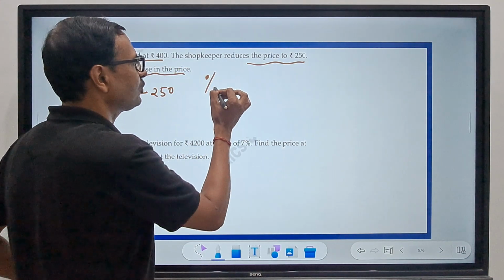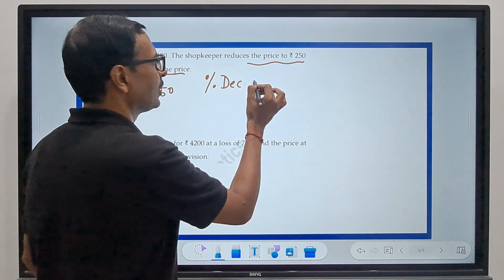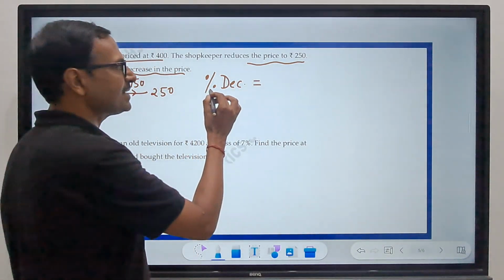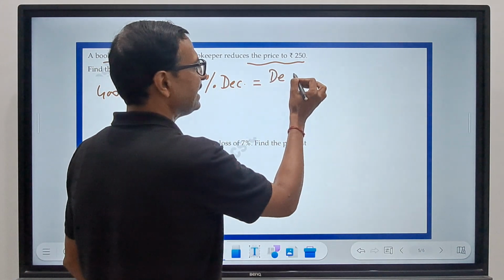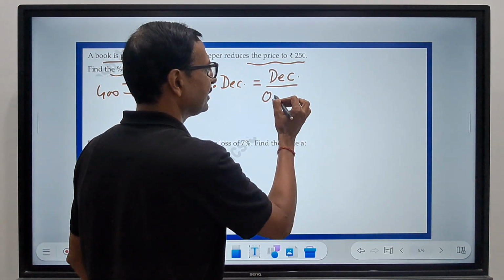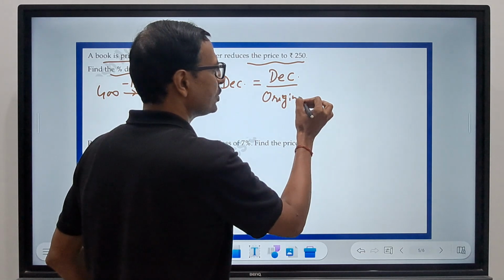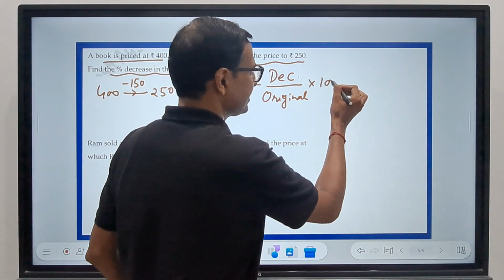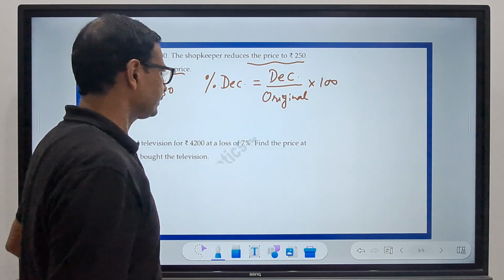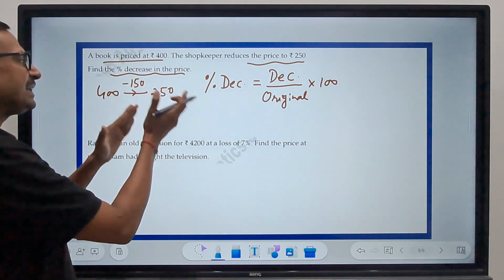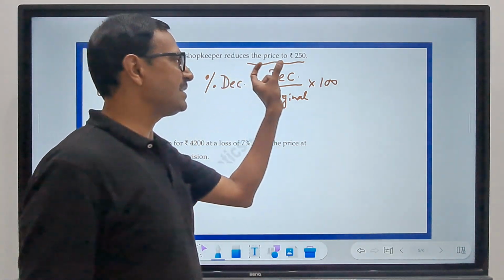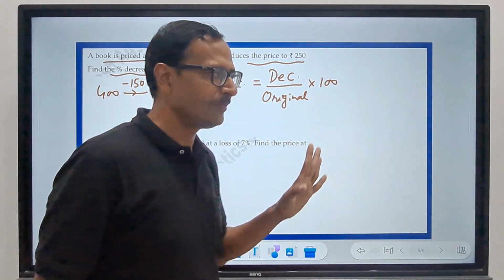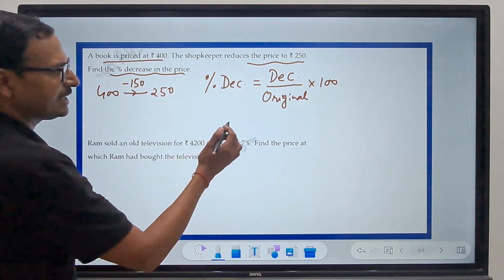So whenever you have to find the percentage decrease or percentage increase, remember, percentage decrease is the decrease divided by the original, that means originally what was the price, times 100. Likewise, if something is increasing, then percentage increase is how much it has increased divided by the original into 100. Now I think this works here very easily.